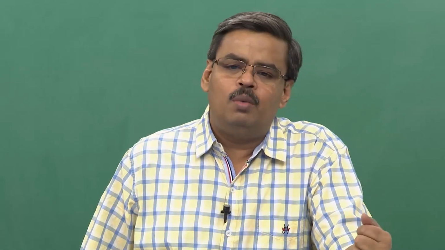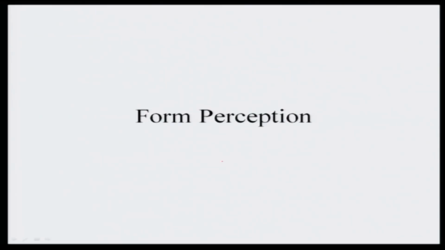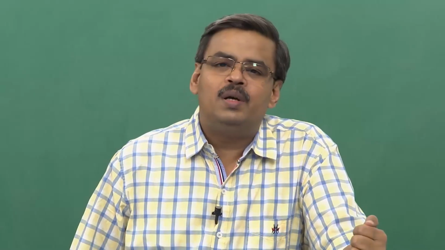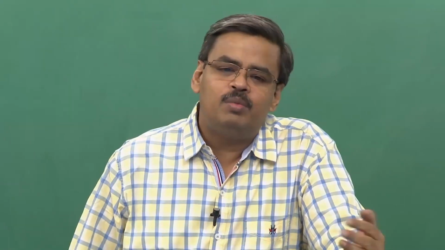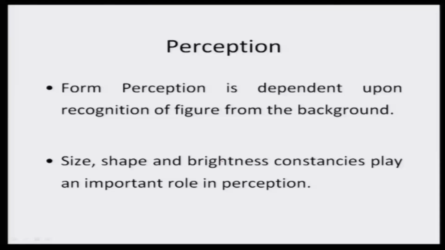Now, let us talk about form perception. Form perception basically depends upon recognition of figure from the background. This means that certain types of constancies will work: size, shape and brightness.